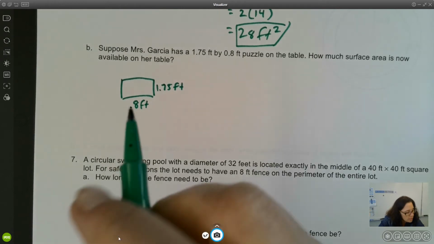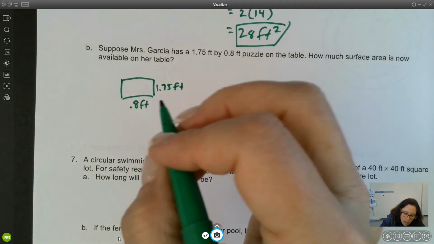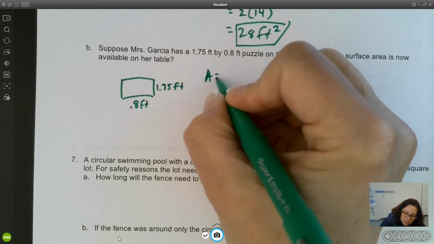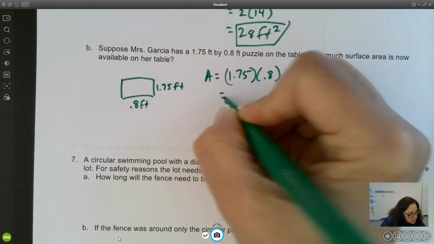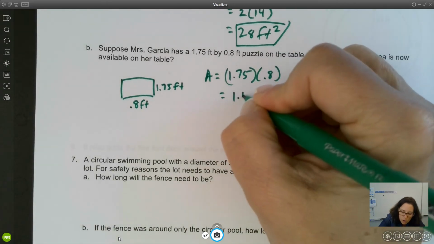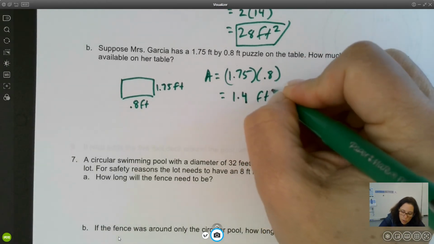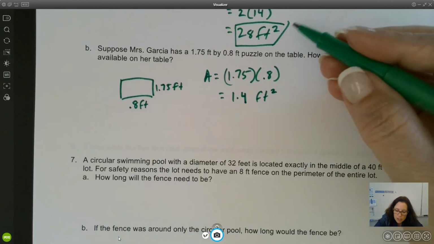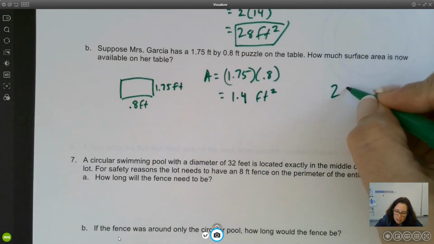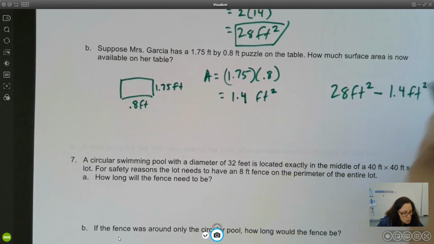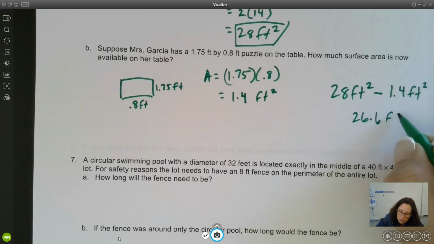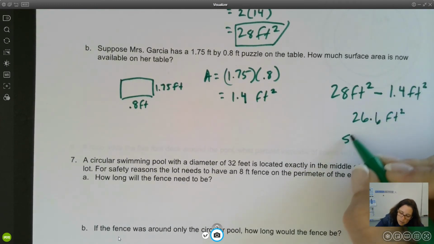All right, the area of that would be 1.75 times 0.8, which gets us 1.4 feet squared. So if we have the total 28 feet squared, and we take off this puzzle that's 1.4 feet squared, we still have 26.6 feet squared still available.